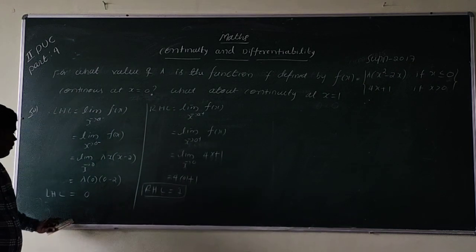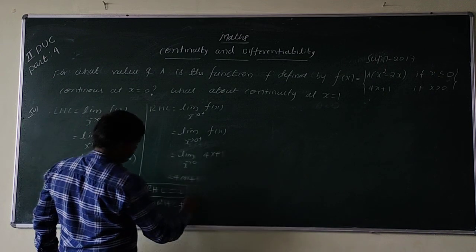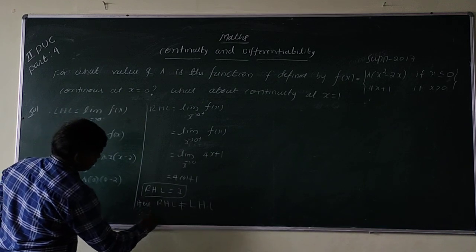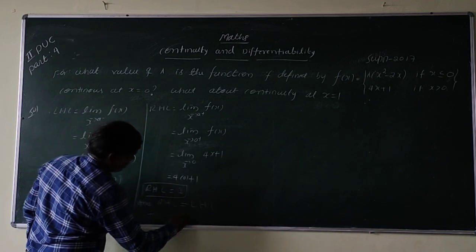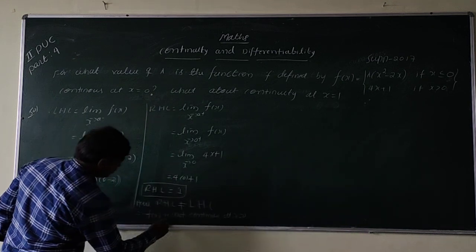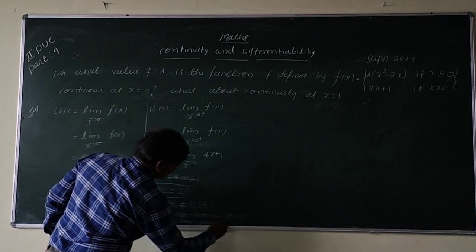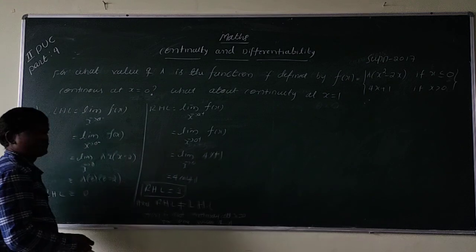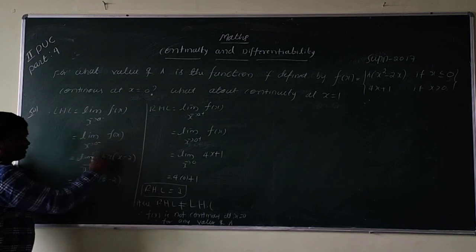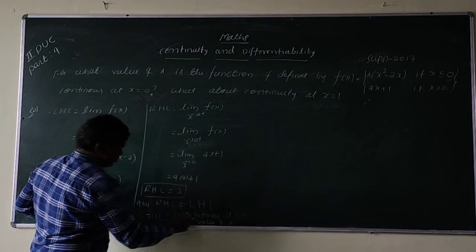See here, the right hand limit is not equal to the left hand limit. Therefore, f of x is not continuous at x equal to 0 for any value of lambda.